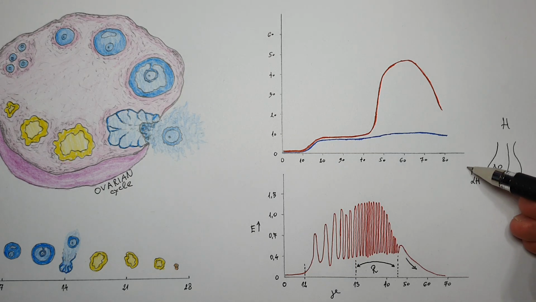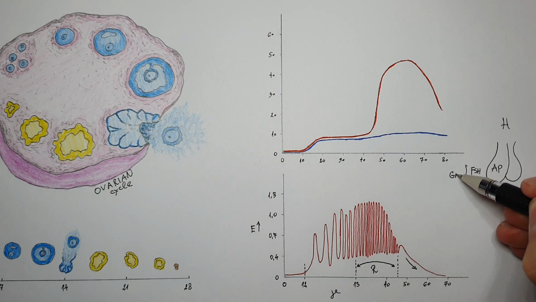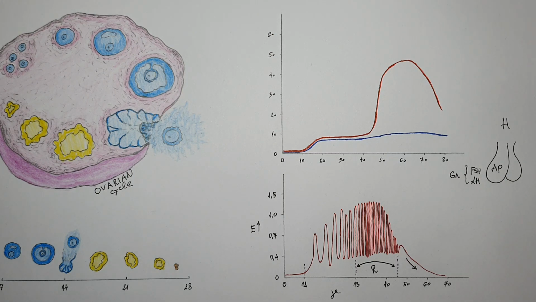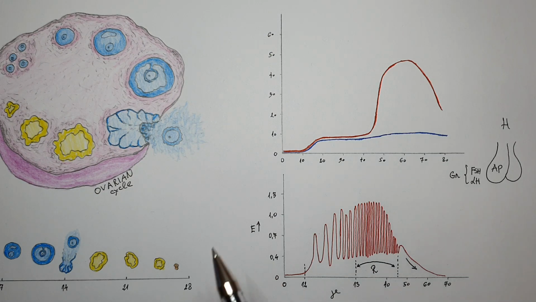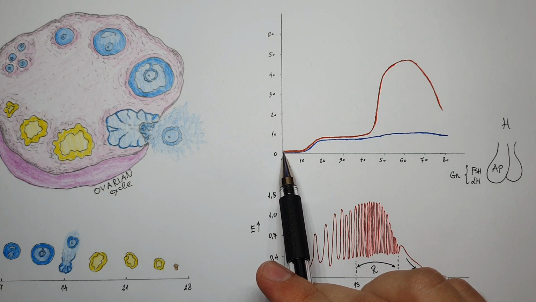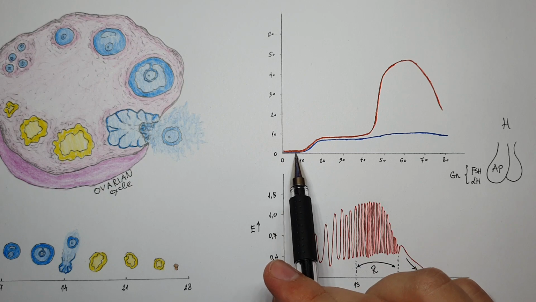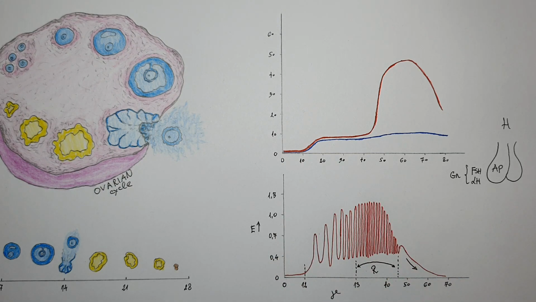These hormones are called gonadotropin hormones. They are the key for the start of estrogen production in puberty, because they are secreted in a very, very low amount in children.